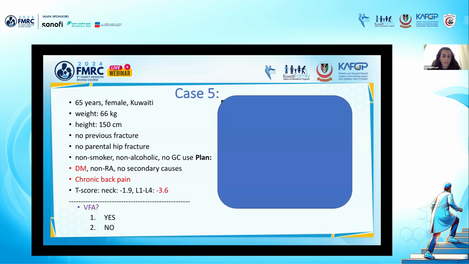Okay, case number 5. If we can have the poll, please. So the risk factors here are that the patient is diabetic and the patient has chronic back pain.